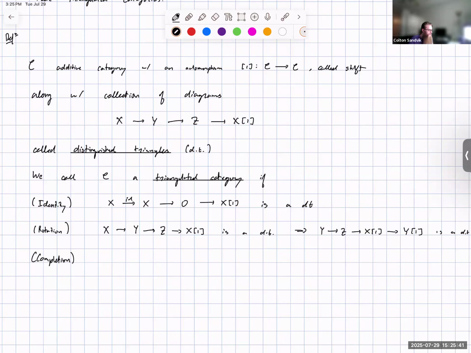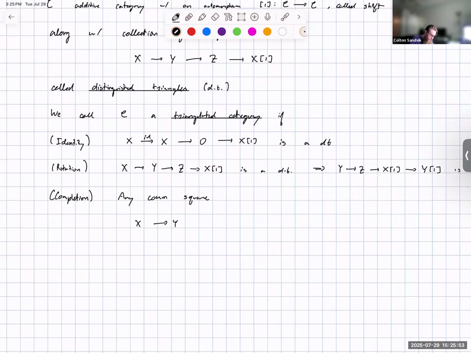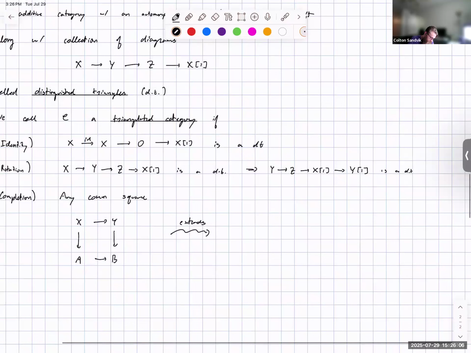So, if we have a commutative square, x, y, with maps a and b, this should extend to a commutative diagram of distinguished triangles.